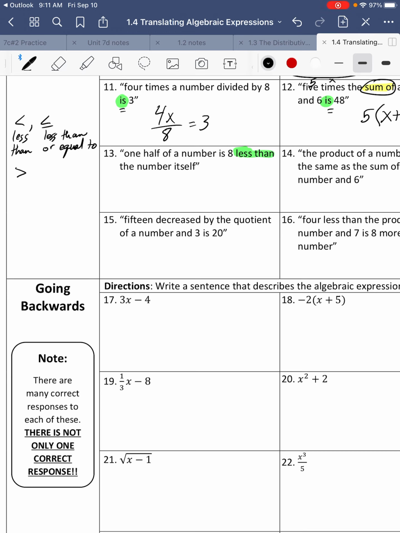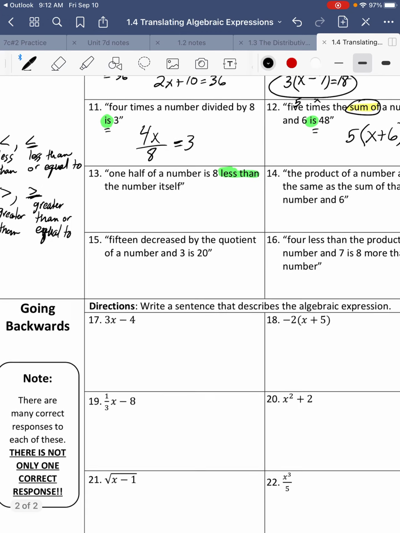You also have greater than and greater than or equal to. The equal to part is the equation, equal sign. That's what the little line underneath means. It's equal. It could be equal to it also. So we're looking for those words now.